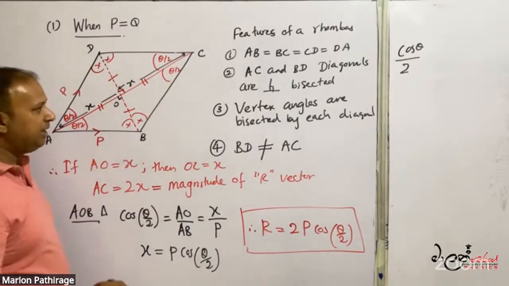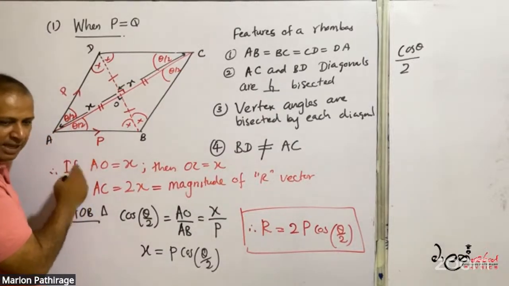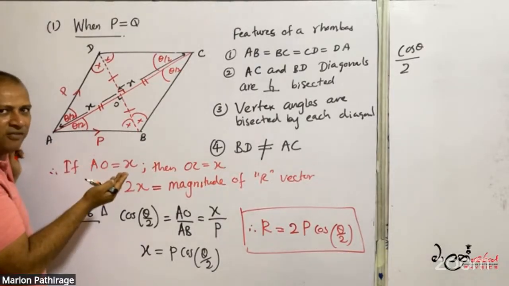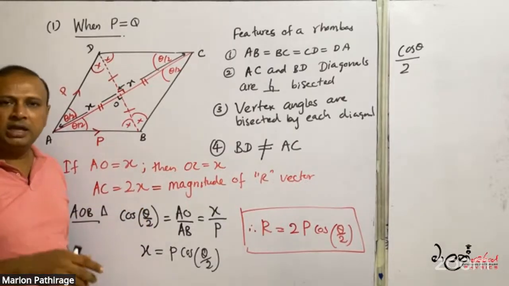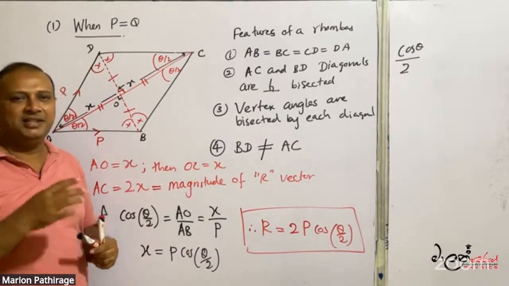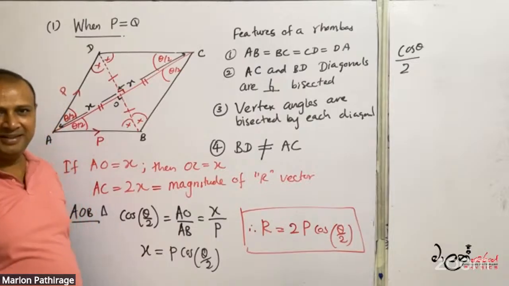That means if the total angle is 60, this angle is 30. Half angle is 30. Therefore, theta over 2 equals 30, and so that is not equal to cos 60 divided by 2. That is the wrong thing.